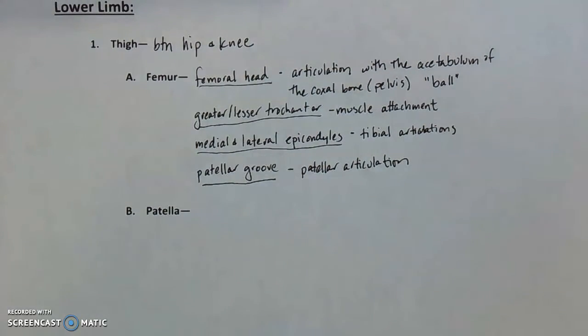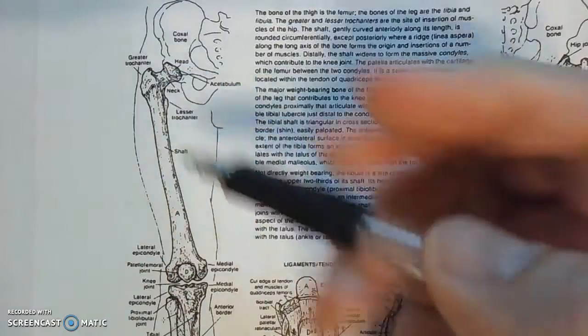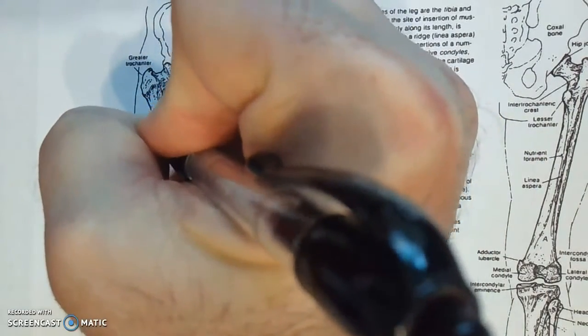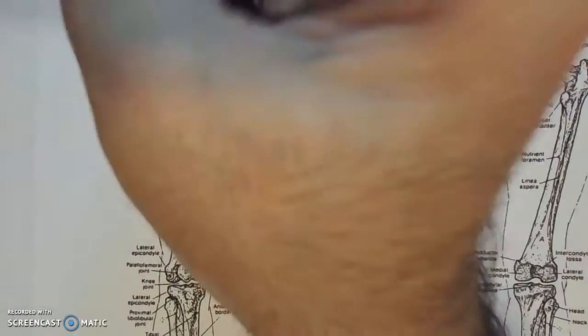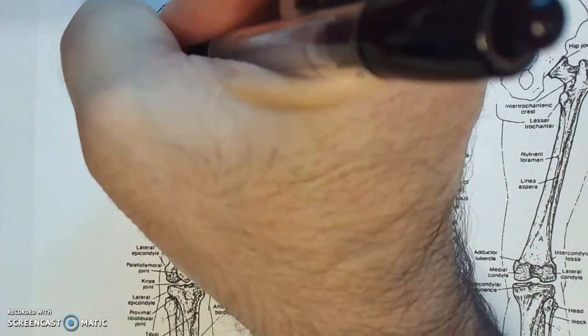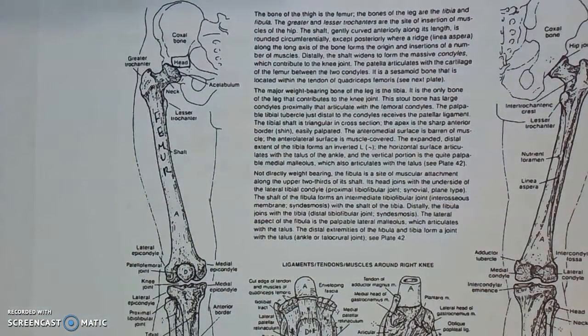So if we move to our diagram on the next page, here we can see a diagram of the femur. So this is the femur right here. Here we see the head of the femur and how it fits in the acetabulum.